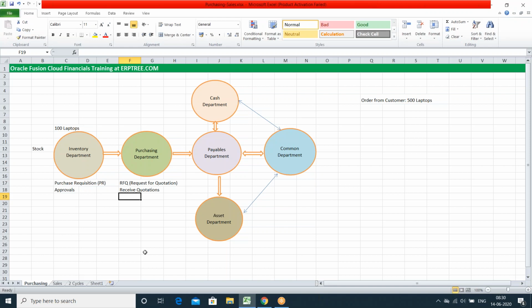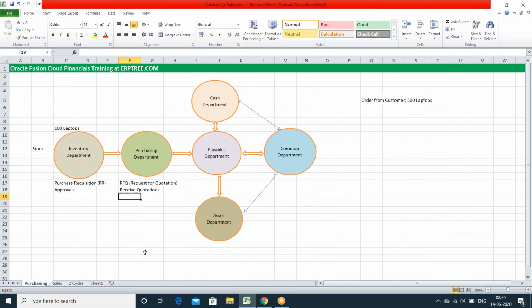When they look into that price, yes, one vendor is 700, the other is 600, but the terms could be different. The vendor offering at $700 might give time to pay, say 3 months. They are saying you can pay after 3 months. The vendor offering $600, the payment may be immediate.